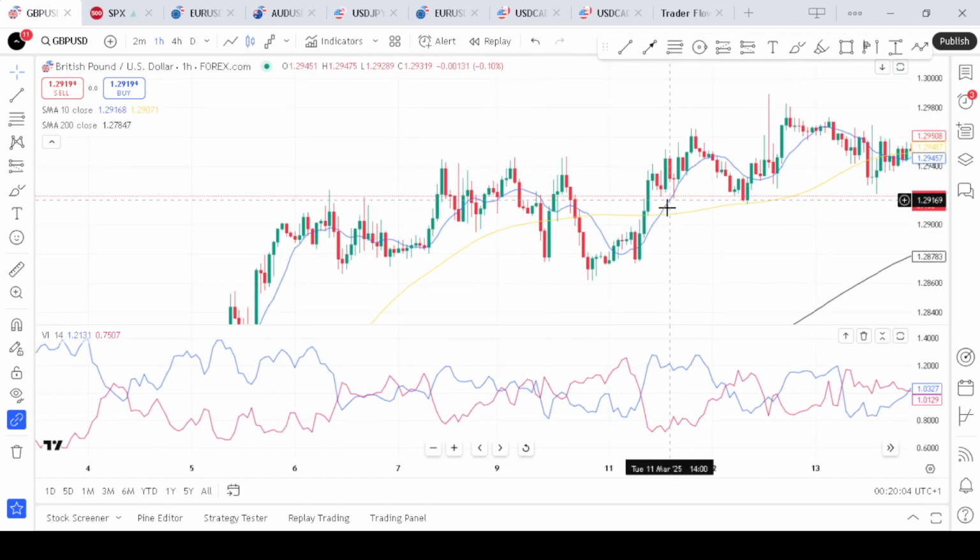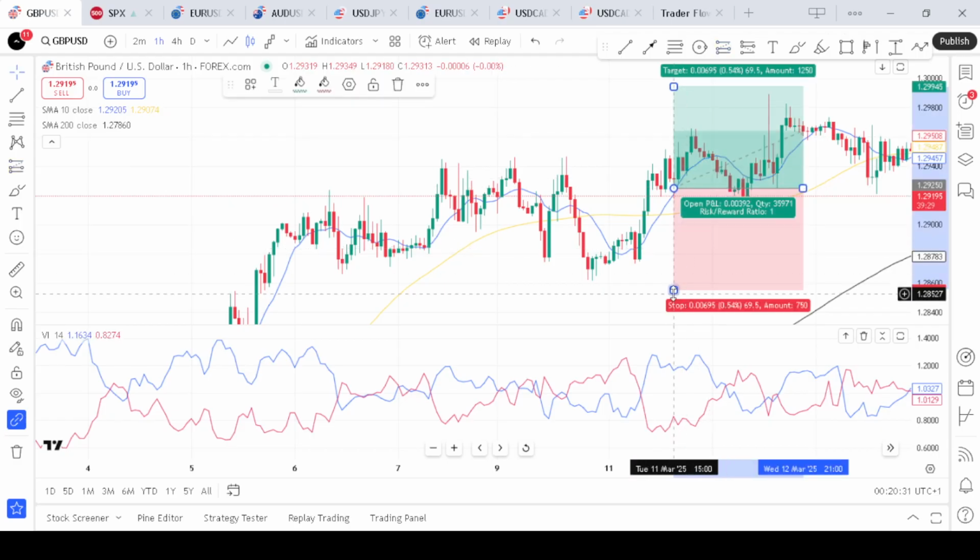For our buy trade, we would enter the moment we see our positive vortex line crossing above the negative vortex line, and we confirm this with price being above all our moving averages and a crossover of our fast 10-period moving average above our 50-period moving average. This will be a signal for us to enter a buy position.